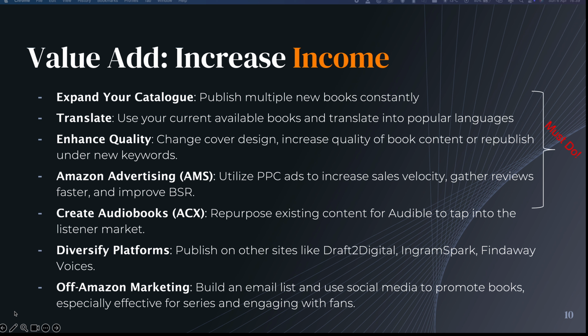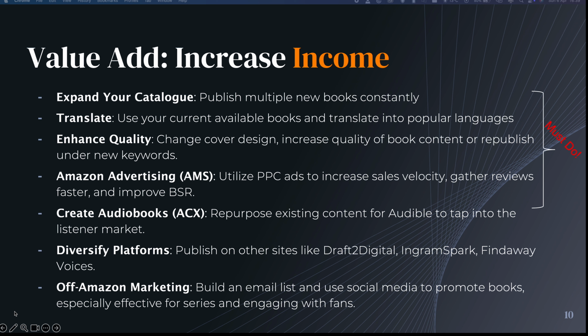Additional strategies is to create audiobooks. In this way you can create content for Audible, but this depends a lot on your niche. Also, you can diversify the platform. You can upload content on Draft2Digital or IngramSpark, or you can also do off-Amazon marketing by creating a TikTok account or Instagram account or an email list.